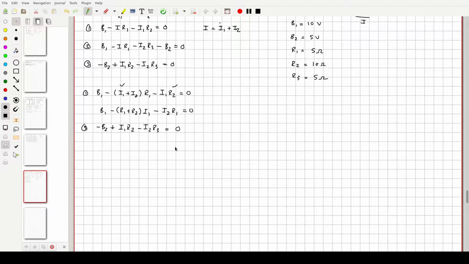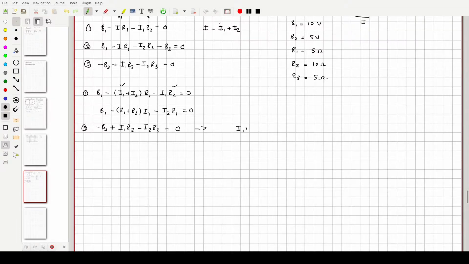So what I'm going to do is, I think probably the easiest way is to take this equation right here and solve it for I1, and then plug it into here, and then when I turn the crank, that's going to give me what I2 is. And then I can use this and get I1 from it. So if I solve this for I1, I'm going to move B2 over to the right-hand side and also move this over to the right-hand side.